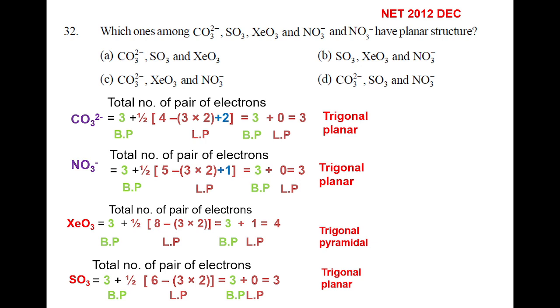XeO3 is pyramidal structure and SO3 is trigonal planar. Means except XeO3, all are planar structures, from the number of bond pairs and lone pairs of electrons. So D is the correct answer for this question.